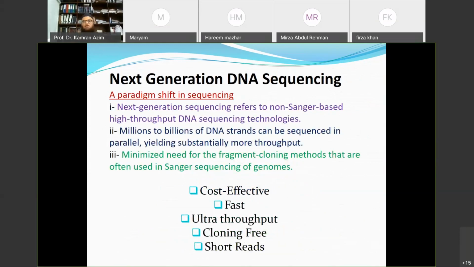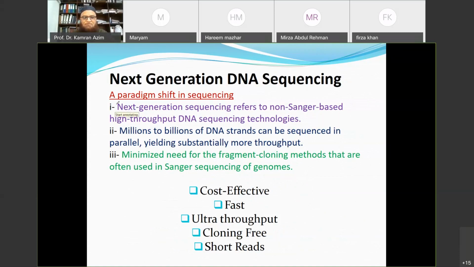So it means that next generation sequencing is very interesting. Next generation sequencing is very useful. Next generation sequencing can do a lot of work for us. So what is next generation sequencing? Next generation sequencing is a paradigm shift in sequencing.